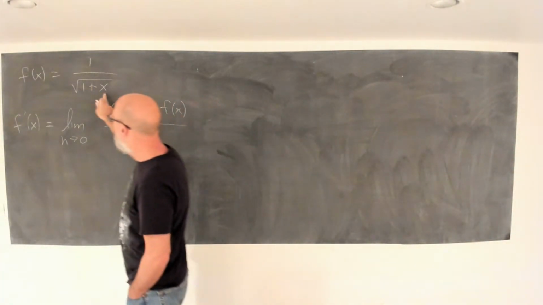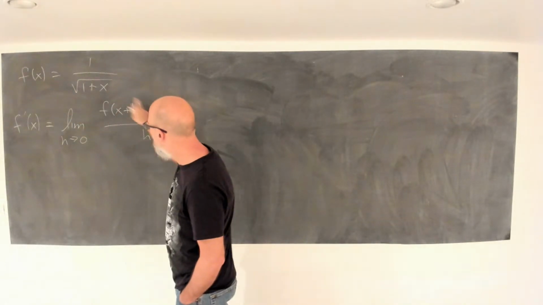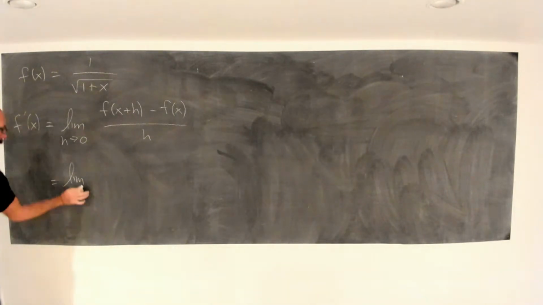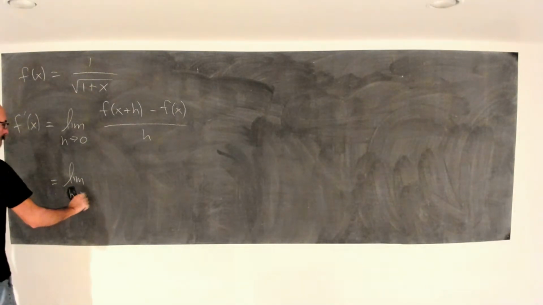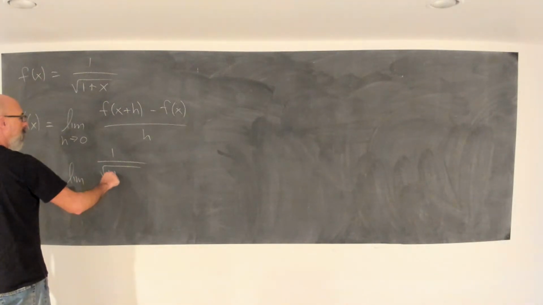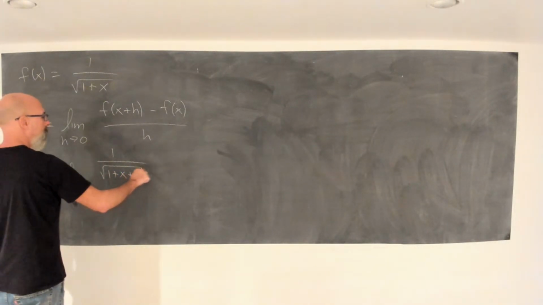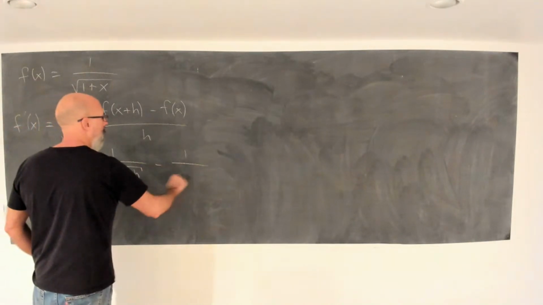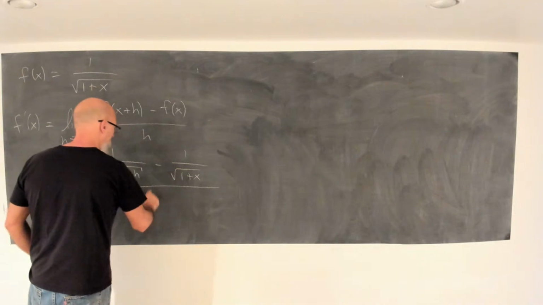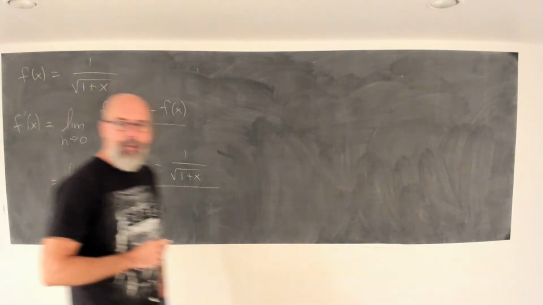Everywhere you see an x in your original function, you replace with x plus h. And you get this.